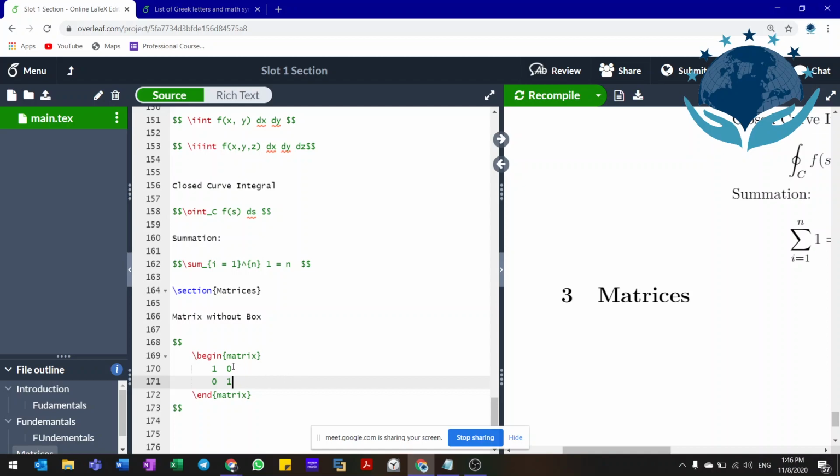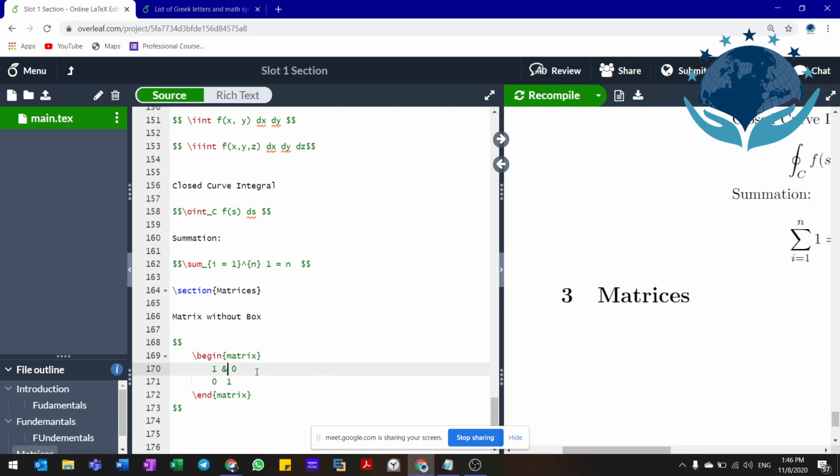This corresponds to the first row, and this corresponds to the second row. From the visualization you can see that. Whereas for LaTeX, you have to give an ampersand after each element, except the last element of the row.